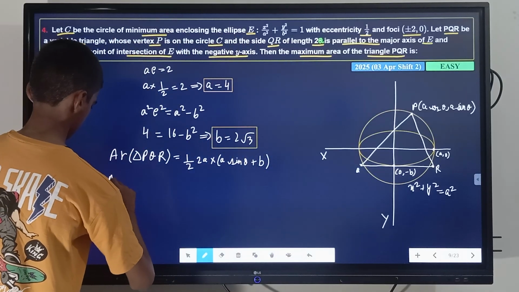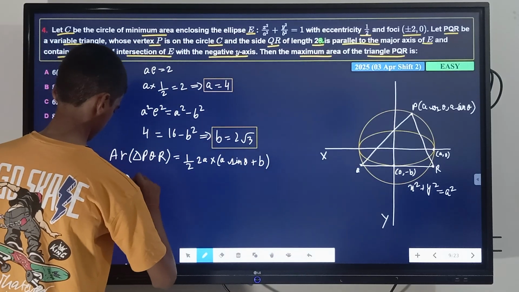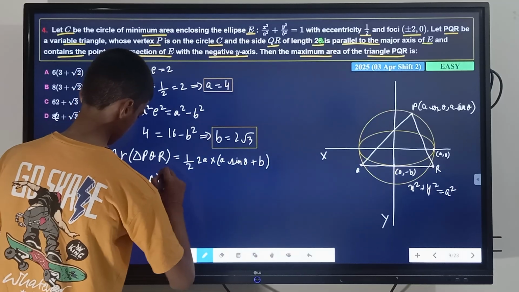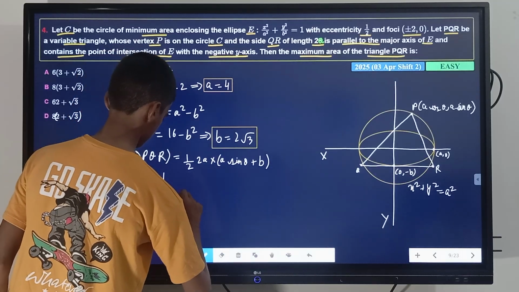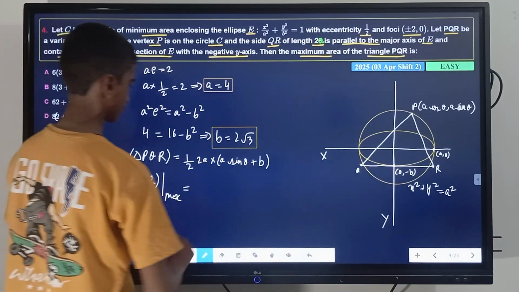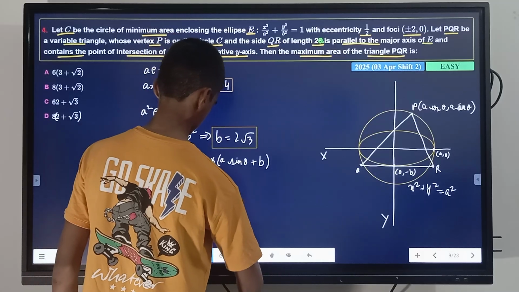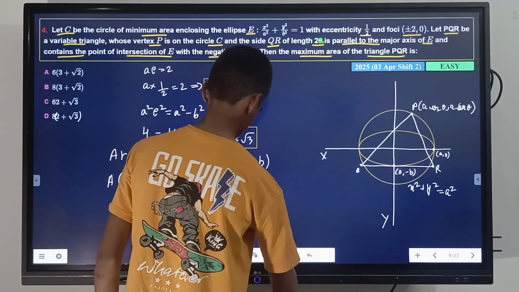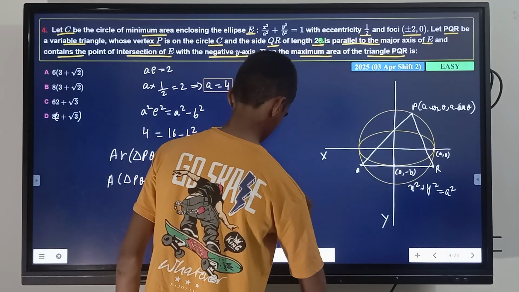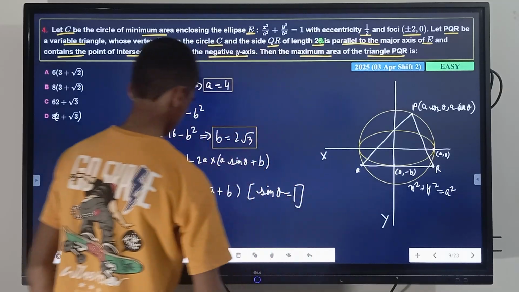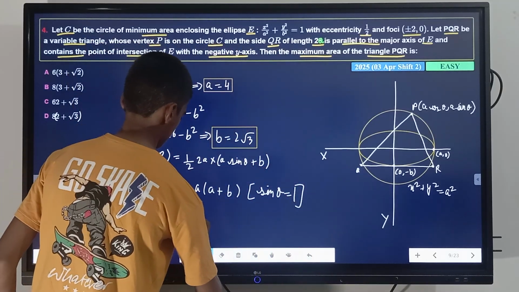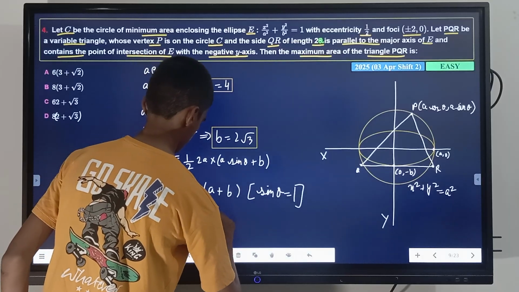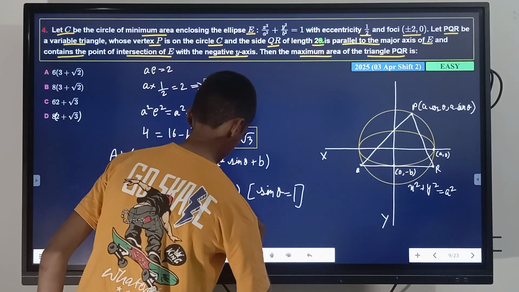Now area of triangle will be max when sin theta is equal to 1, so a into a plus b, when sin theta is equal to 1. So from here this is equal to 4 into 4 plus 2 root 3.